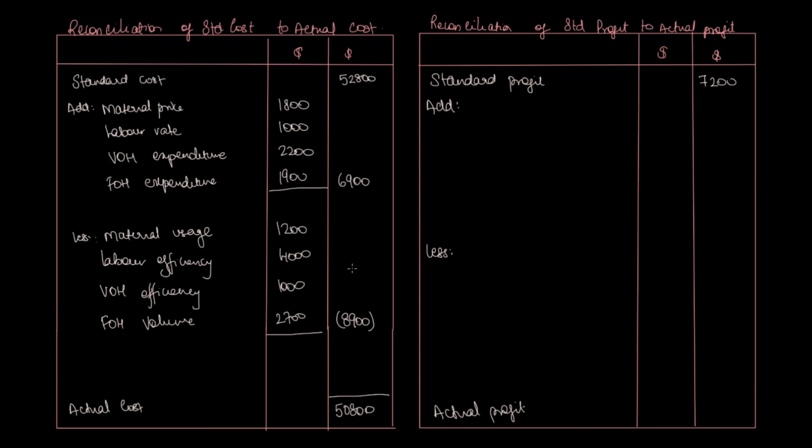So all the favorable variances here in the left side, I have under the less or the deduct area. So I'm going to shift that to the add part here. So add material usage, labor efficiency, variable overhead efficiency, and fixed overhead volume.